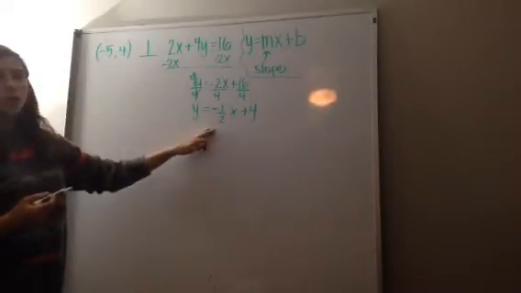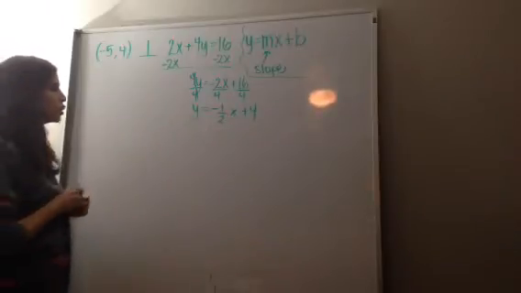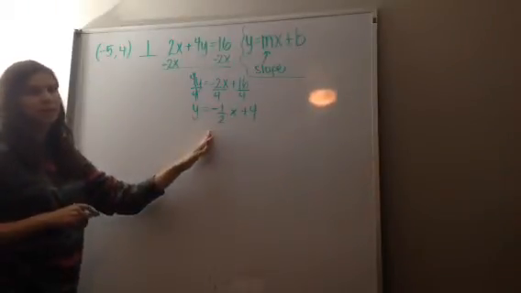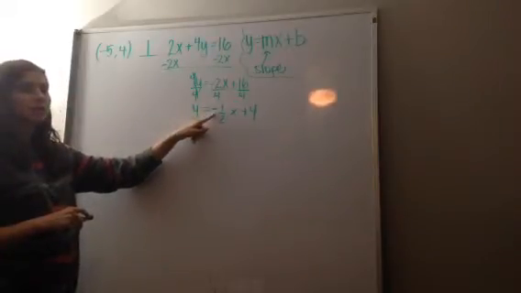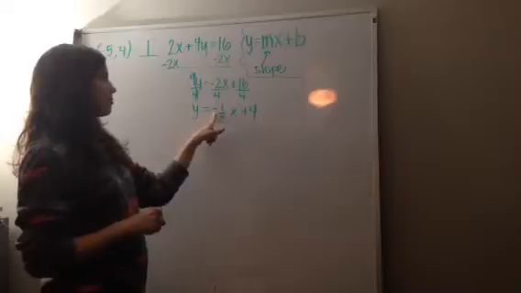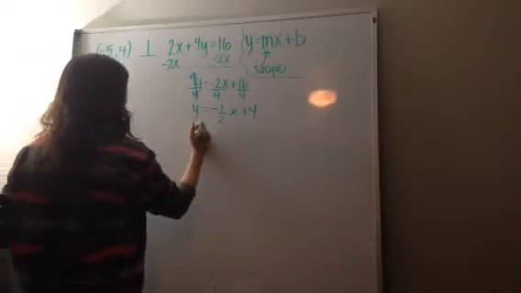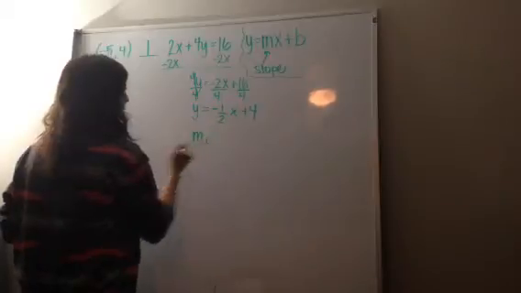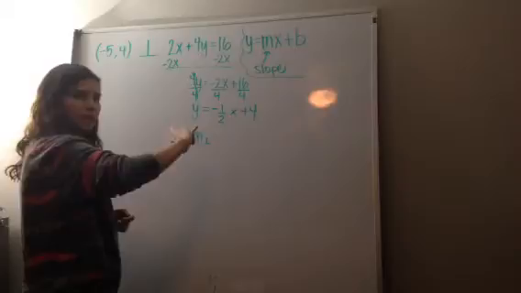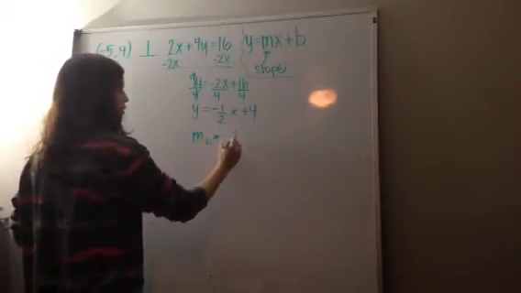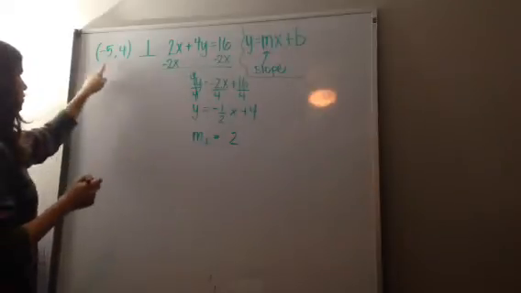Okay, now this only helped us to be able to find the slope because it's going to be perpendicular to this. So if this slope is negative 1/2, then the new slope is going to have to be positive 2 because we would flip it, so it's a 2, and then it was negative and now it's positive.